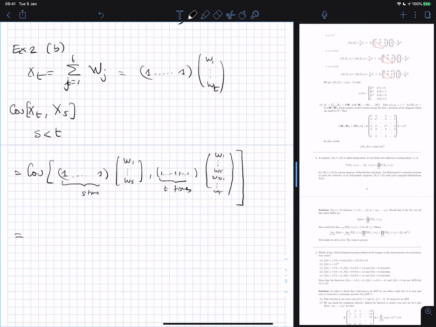Well, it will give me a vector of ones. So it's going to be all ones and then zeros.